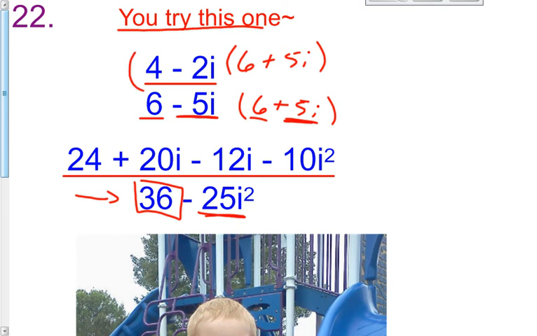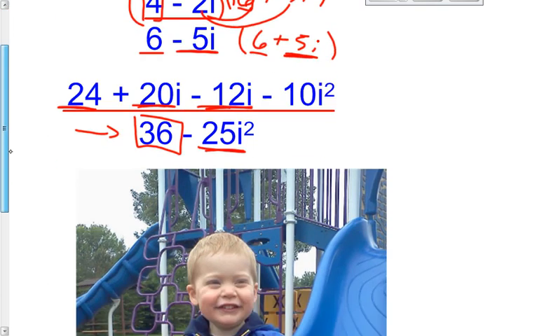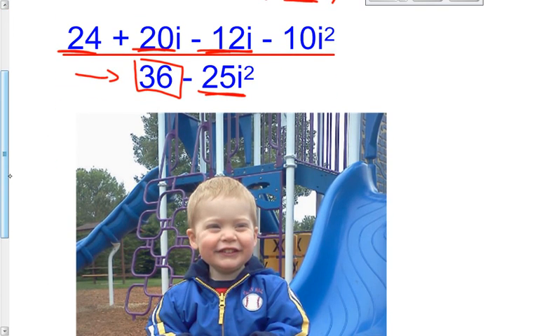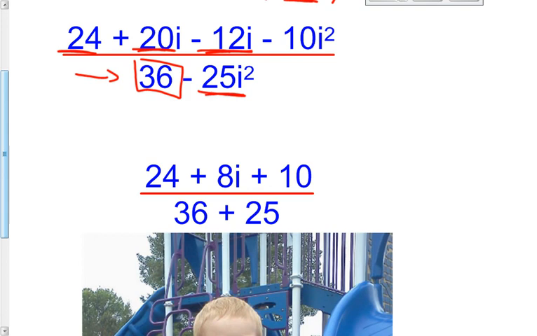So now the numerator, you have a binomial times a binomial. Let's FOIL it. 4 times 6 is 24. A positive 20i minus 12i, and here you have a negative 10i squared. So now we're going to combine like terms, and we're going to change every i squared to a negative 1.